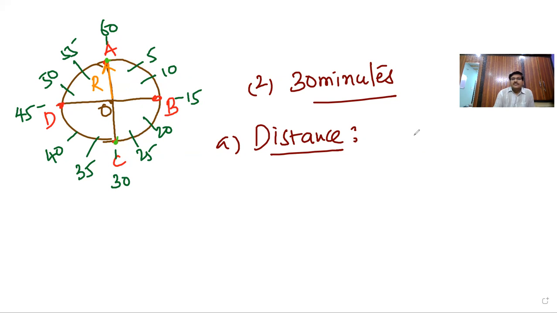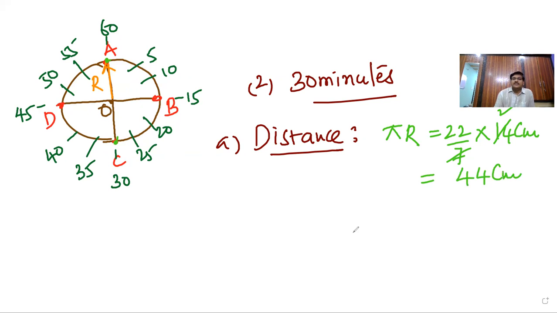Semicircle. For a semicircle, what is the circumference? Pi r. Clear? Pi value is 22 by 7. R is 14 centimeters. Then simplify, 7 twos are 14. So 44 centimeters is the distance.